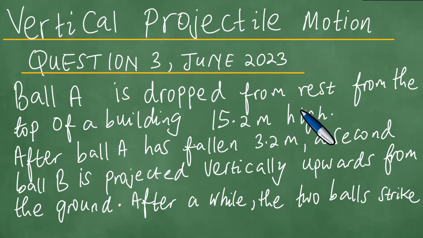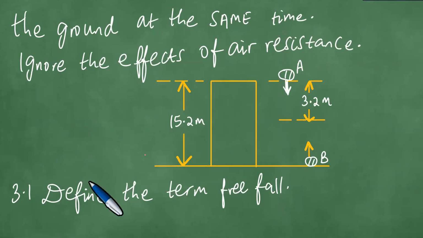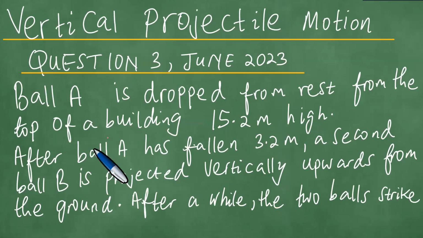Ball A is dropped from rest from the top of a building, 15.2 meters high. So we drop A from the top of the building. Here is the building that is 15.2 meters high, and from the roof, A is released. The words that the examiner uses are very important.